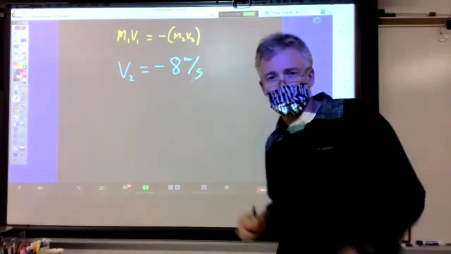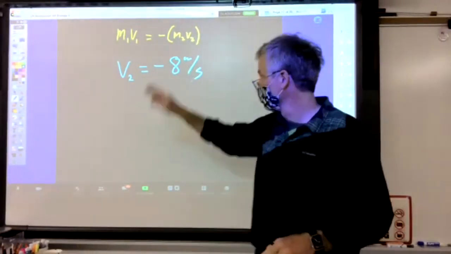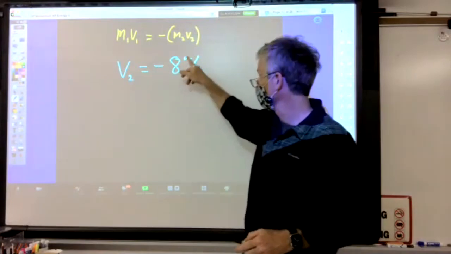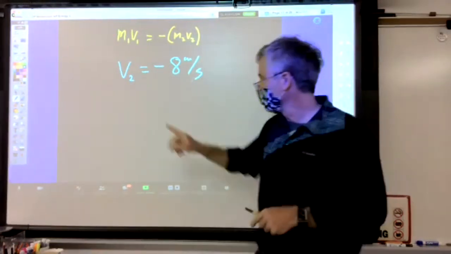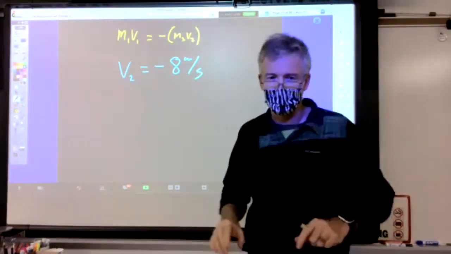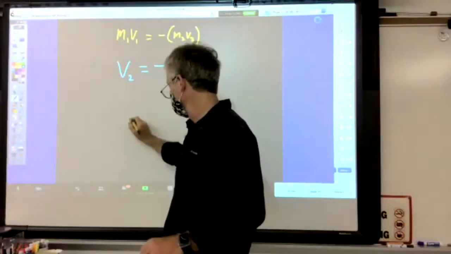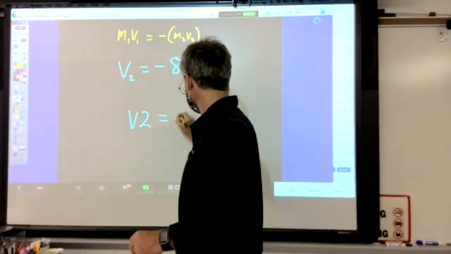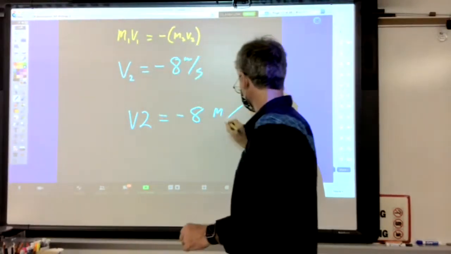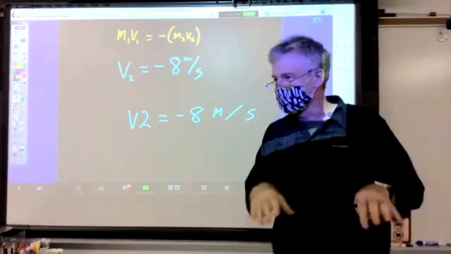So if this were the answer, you'd have to type into the bar, V2 equals -8 meters per second. By the way, if you have to do subscripts into the bars, you don't have to worry about making them subscript. You'd be fine if you typed in V2 equals -8 m/s. So in your answer bar, that would be totally acceptable.